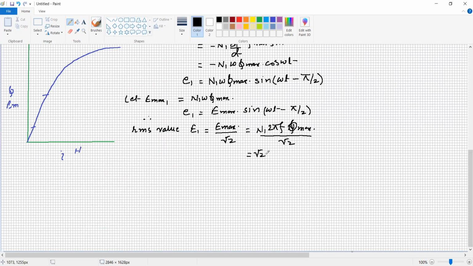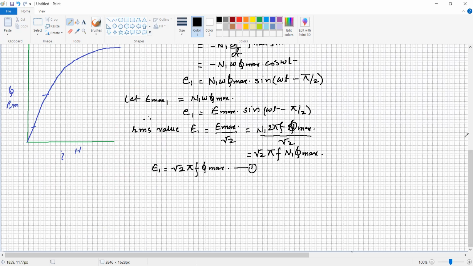Just arranging this equation, it is root 2 pi f N1 phi maximum. So this is the RMS value. So we can write the EMF induced in the primary winding as E1 is equal to root 2 pi f N1 phi maximum. Say this is equation number 1.